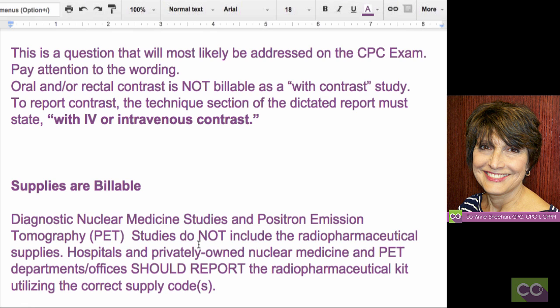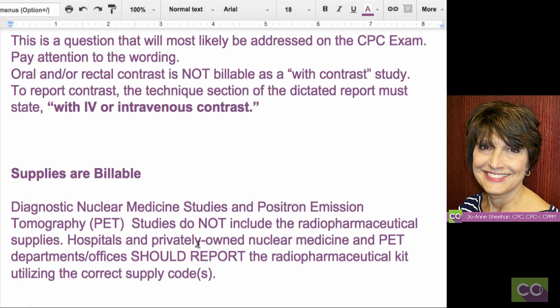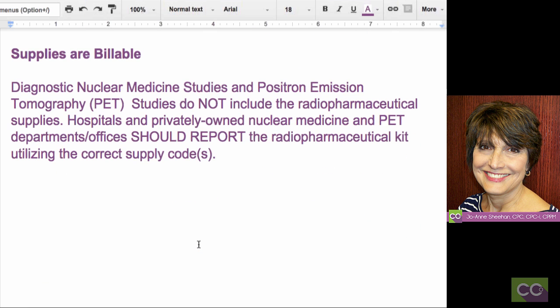Right. And the last thing is that there are some studies, such as the diagnostic nuclear medicine and the PET studies. When you're billing for those studies do not include the radiopharmaceutical supplies. So hospitals and privately owned nuclear medicine and PET departments should report the radiopharmaceutical kit utilizing the correct supply codes.